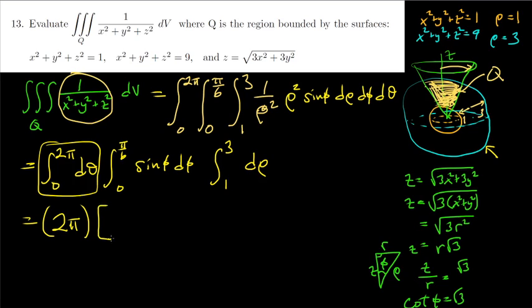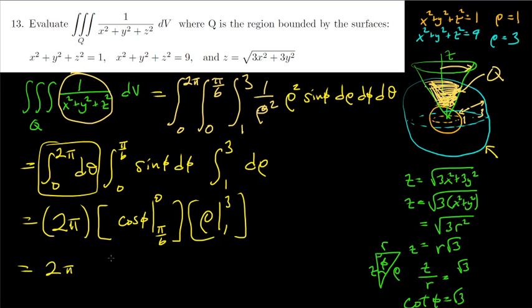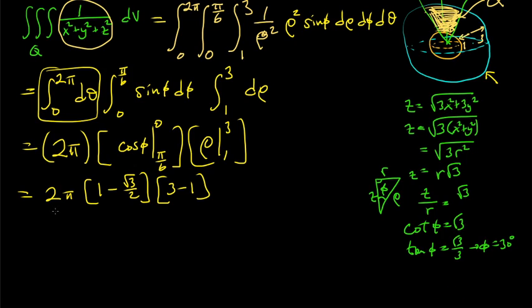When you integrate sine, you get negative cosine, right? So negative cosine from 0 to pi over 6, or cosine from pi over 6 to 0. Just flip it. And then you just get rho evaluated between 1 and 3. Okay, so you're going to get 2 pi times, the cosine of 0 is 1. The cosine of pi over 6 is square root of 3 over 2. And then this is just 3 minus 1, or just 2. So 2 times 2 pi is 4 pi times 1 minus square root of 3 over 2.